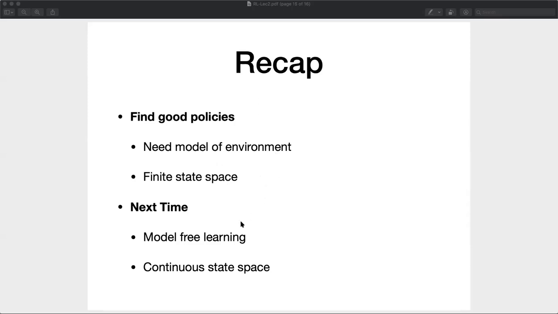And that's exactly what we're going to do next time. It's going to be model-free learning with Monte Carlo and then temporal difference learning. And we're going to treat continuous states with neural networks.